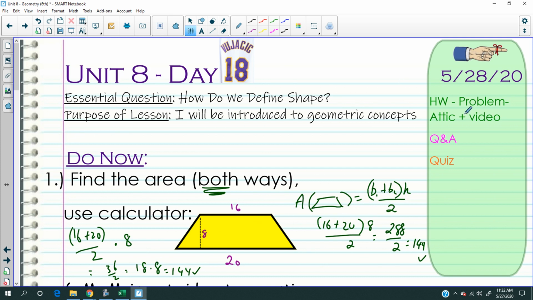Okay, Unit 8, Date 18, homework is problematic. Let me check the time. Yesterday I went over 25 minutes, so I'll try to keep today under 20 minutes, if possible. So, quiz Friday on areas of squares, rectangles, and trapezoids.